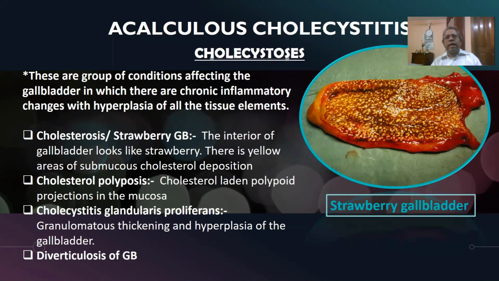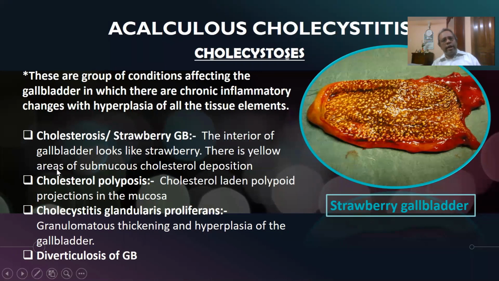So next, this is termed cholecystosis. These are a group of conditions affecting the gallbladder in which there are chronic inflammatory changes with hyperplasia of all the tissue elements. That means cholesterosis, which is called the strawberry gallbladder. It looks like a strawberry; the interior of the gallbladder, whenever opened up, looks like a strawberry.